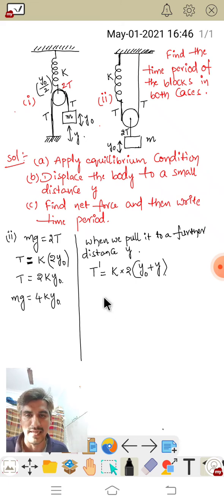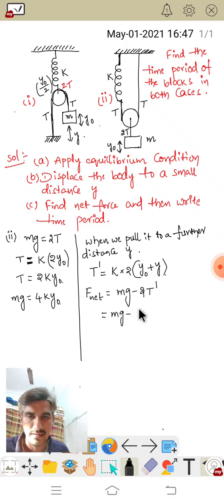Now let us apply the net force. Let us find out the net force here. Net force F net is equal to mg downwards minus the upward force, which will be 2T dash, so that you will get mg minus 2 into 2k into y naught plus y.